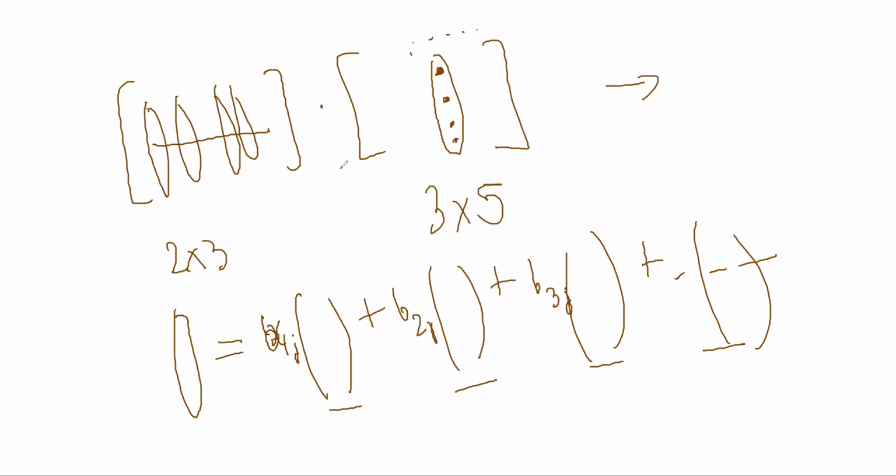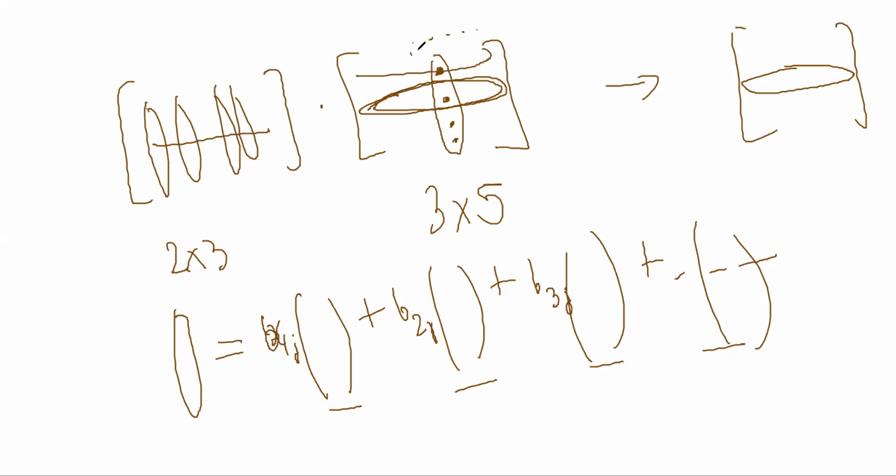If you are looking at it in terms of row vectors, if you need the row vector of the final product, then use B's rows and A's scalars. A's row will give you the scalars and B's rows will give you the basis vectors.